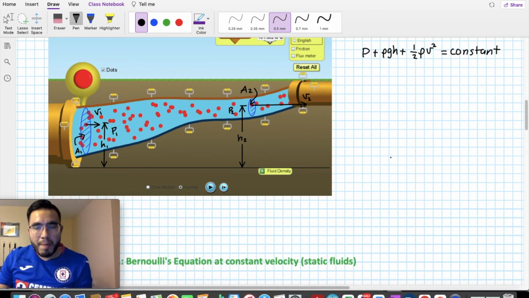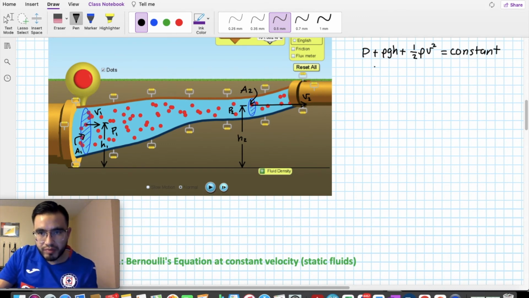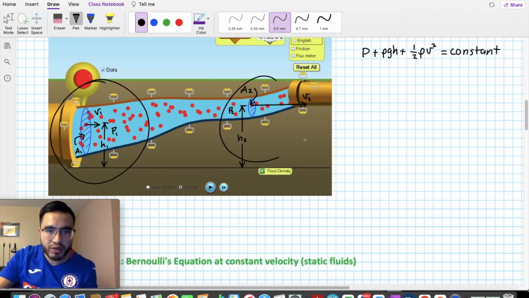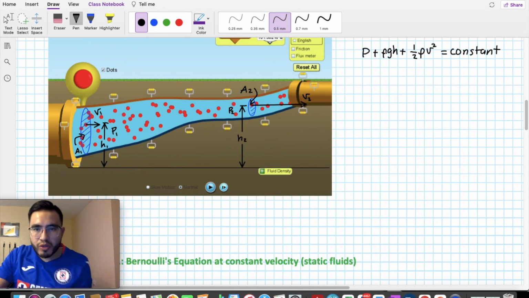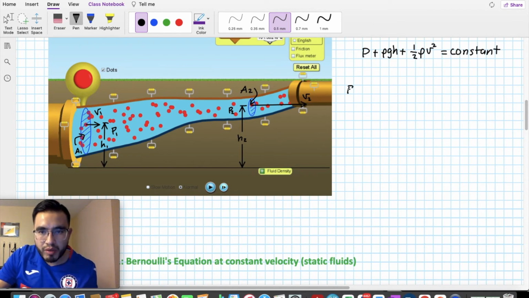So now we can take Bernoulli's equation and compare it in section 1. This is section 1. This is section 2. So I'm going to rewrite this equation, but I'm going to use a subscript of 1, right? So at section 1, I'm going to have pressure 1 plus the potential energy.